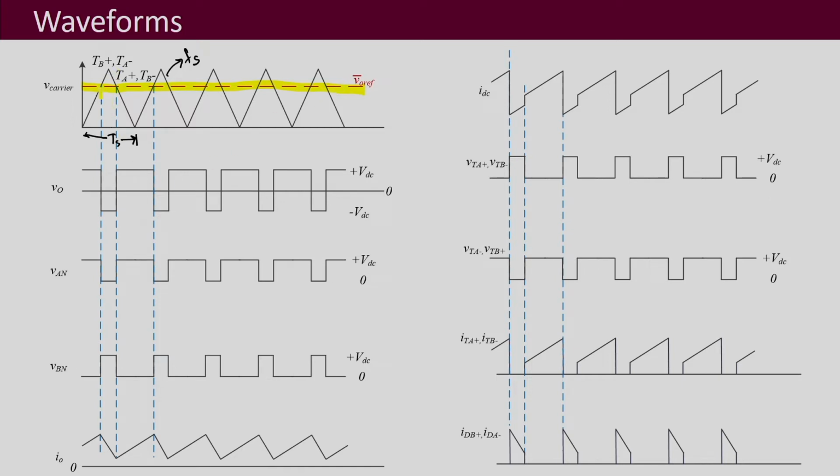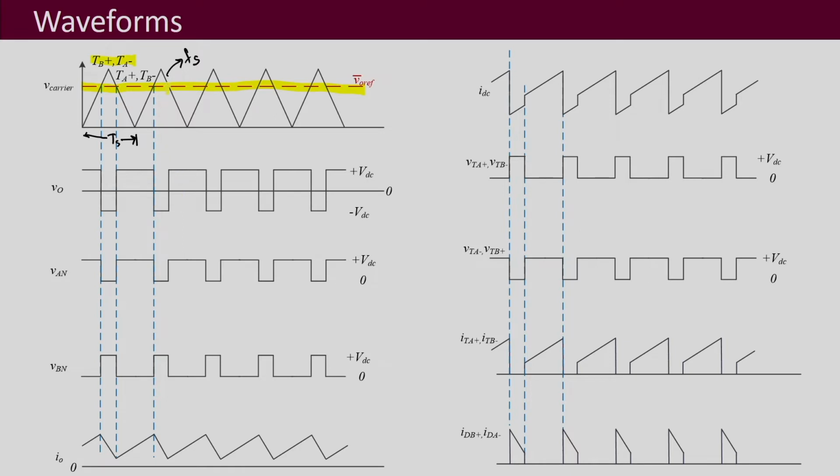The logic that is followed is whenever VO ref is greater than V carrier, at that time TA plus and TB minus are turned on. And whenever the opposite is happening, that means V carrier is greater than VO ref, then the other two diagonal devices TB plus and TA minus are turned on.